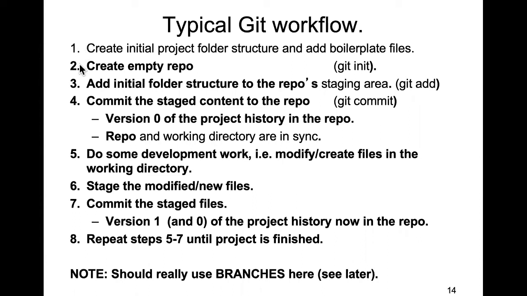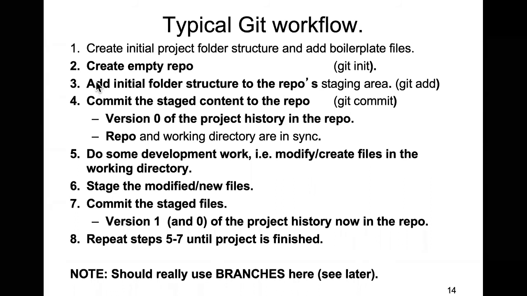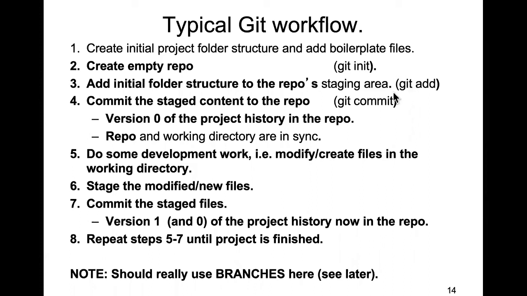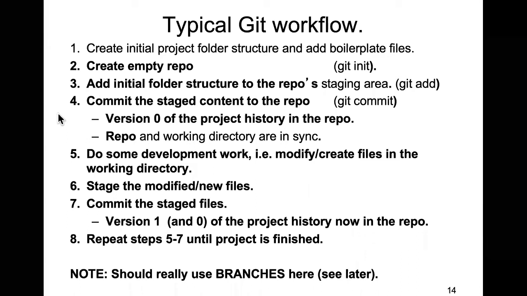The next thing you do is you create your Git repository using the git init command. Then you've got to stage and commit the initial project structure using these two commands that we've been talking about. So now at the end of 4, the Git repository has a complete copy of your initial project structure.